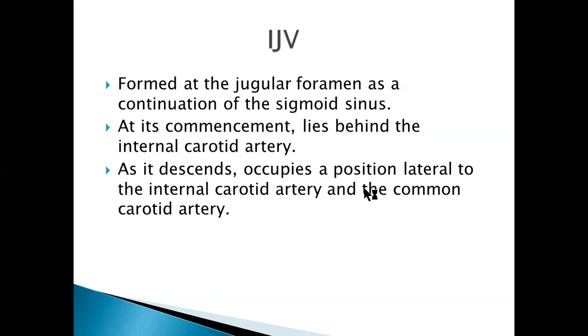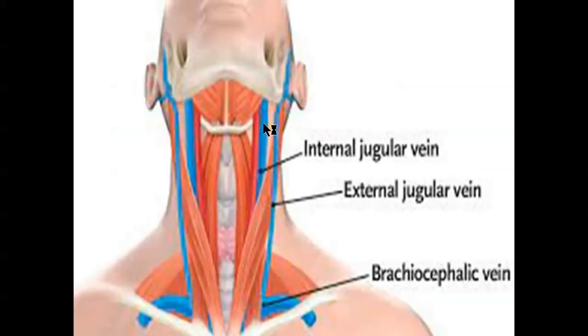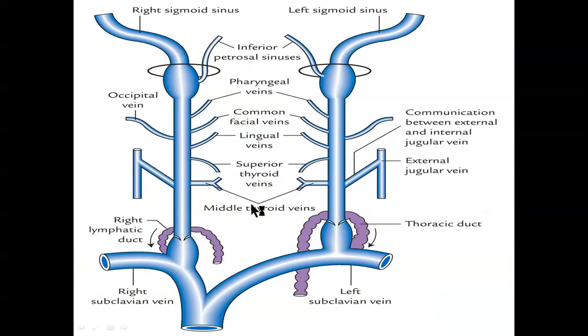Then the internal jugular vein, as we know, is a continuation of your sigmoid sinus at the jugular foramen, and in the carotid sheath, it lies in the lateral part. Here we can see the internal jugular vein. All right. Again, here we can see the right sigmoid sinus.